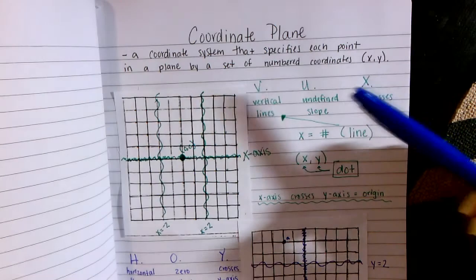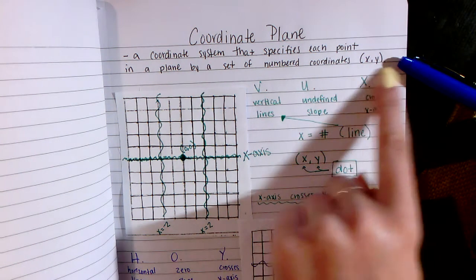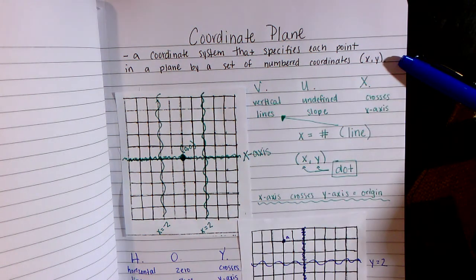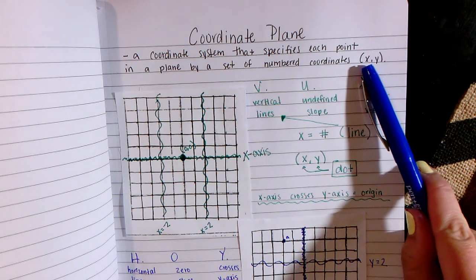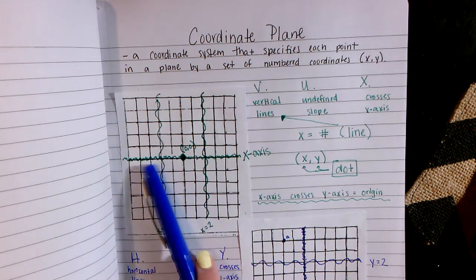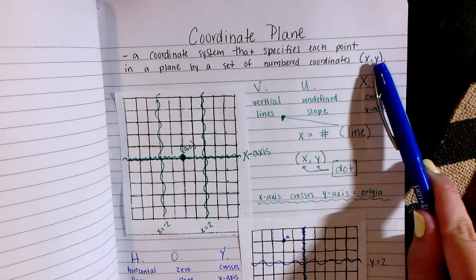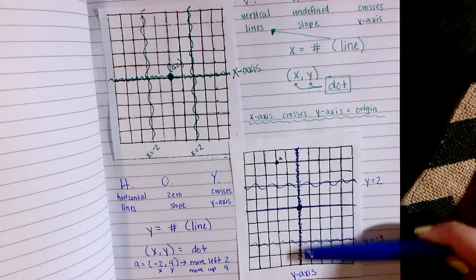So let me scoot back up here. If all of our coordinates are labeled as x comma y, you have to do them in that order. So when I give you a point on the graph, you have to move on the x-axis first, which is left and right, and then you can move on the y-axis, which is up and down.